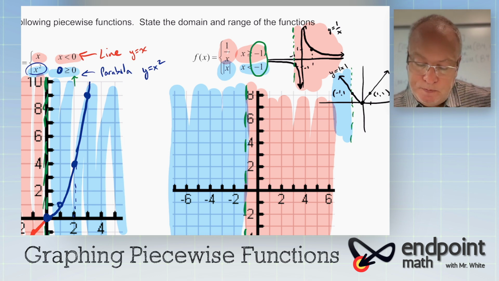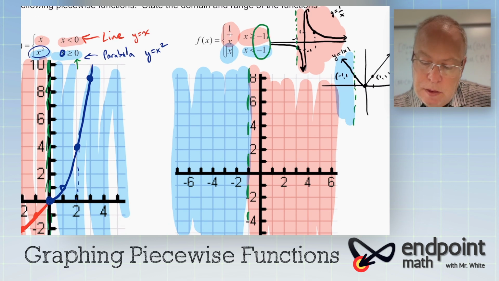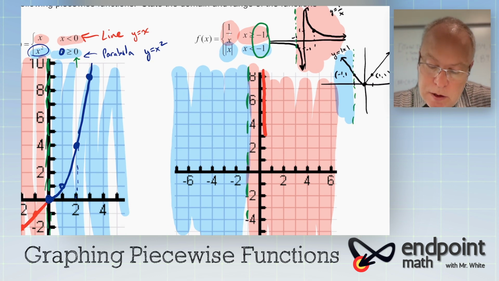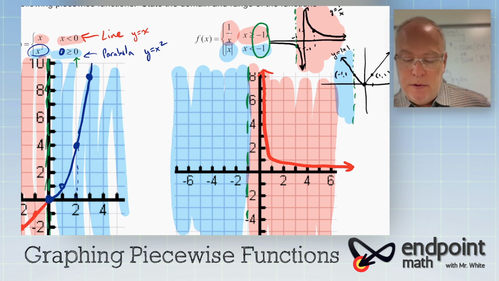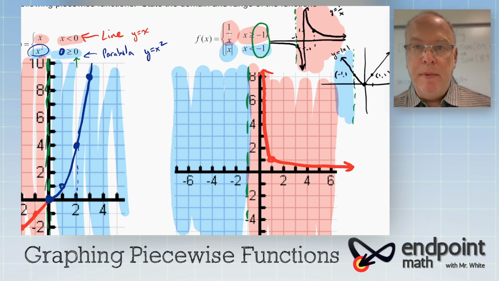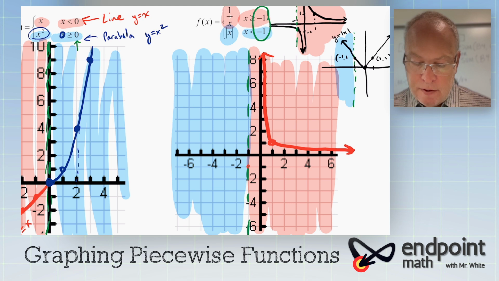So here we go. We know that this 1 over x, the reciprocal function, looks like that over there. I said it goes through 1, -1, or 1, 1. But I also said it goes through this dot right here. So there's a portion of it over here that we need to draw.